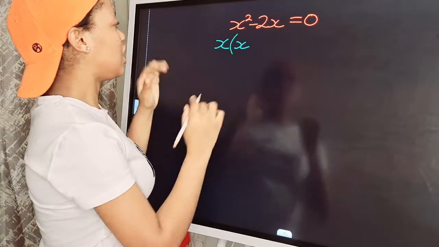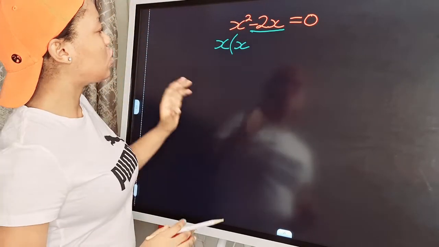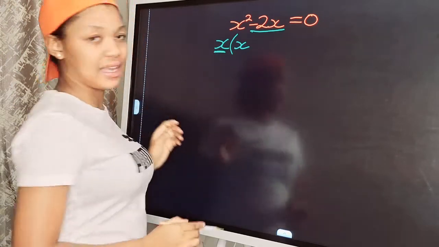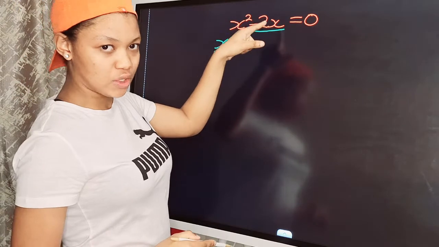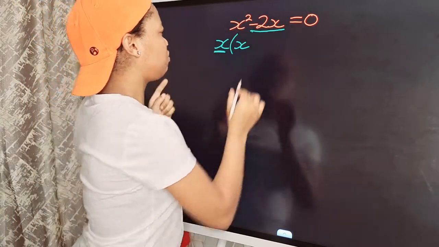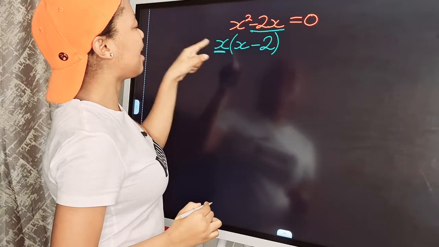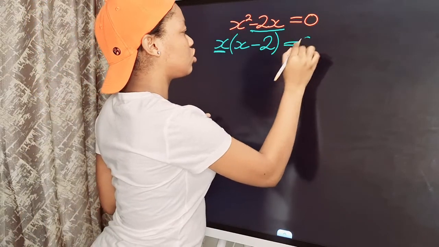Then we go to the second term, which is negative 2x. We look at the common factor again, don't forget, x. So if we want this x to become negative 2x, what are we going to do? For x to be negative 2x, we multiply it by negative 2, because x times negative 2 gives you negative 2x. Then you say equals 0.